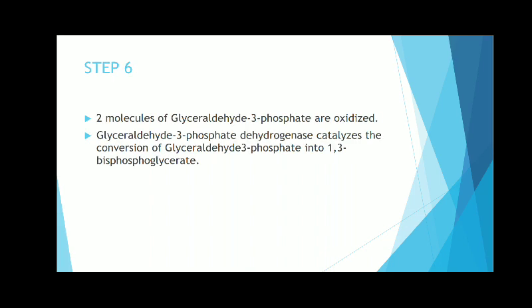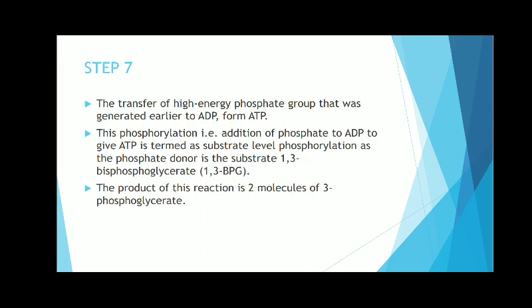The next step is step 6. In this, two molecules of glyceraldehyde 3 phosphate are oxidized, and glyceraldehyde 3 phosphate dehydrogenase catalyzes the conversion of glyceraldehyde 3 phosphate into 1,3 biphosphoglycerate. In step 7, there is the transfer of the high energy phosphate group that was generated earlier to ADP to give ATP.